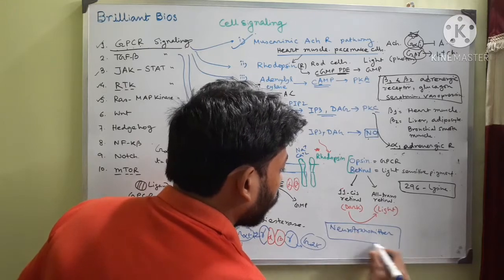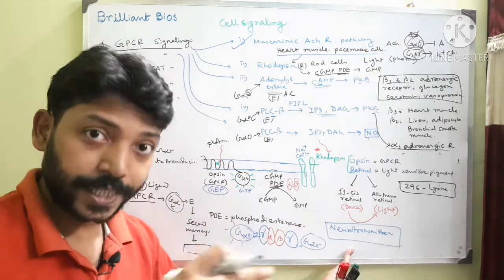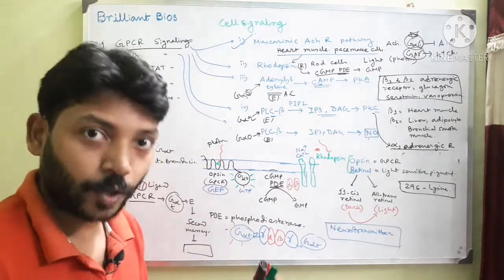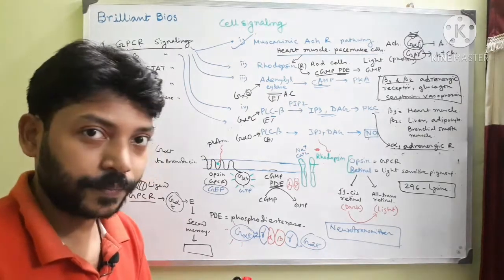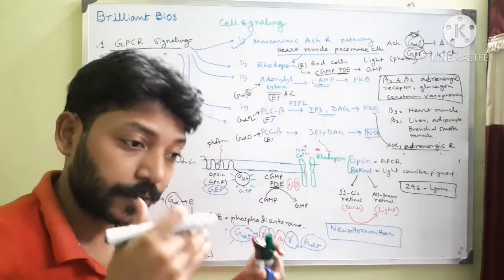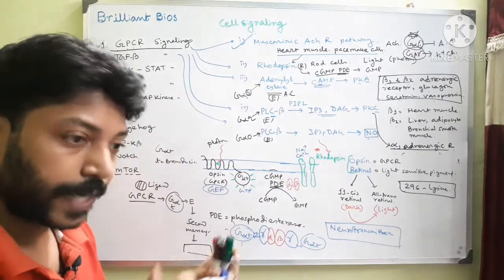So when light falls, rod cells stop secreting neurotransmitter. The brain interprets this: when these rod cells are not secreting neurotransmitter, the brain senses that there is light.